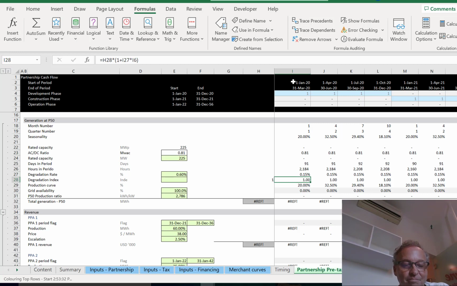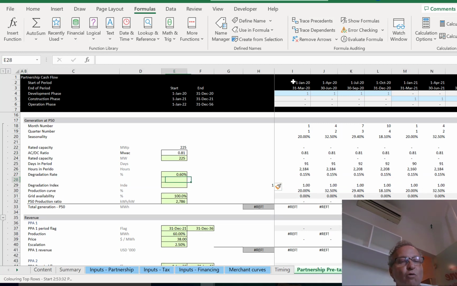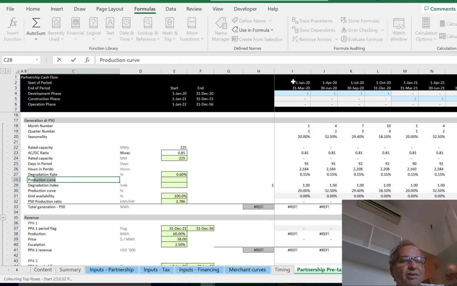And then we can put production before, don't call it production curve. Production before degradation. Okay, and let's put that in MWh.